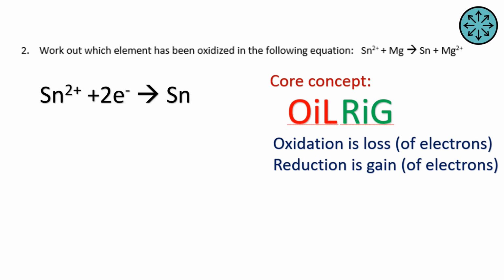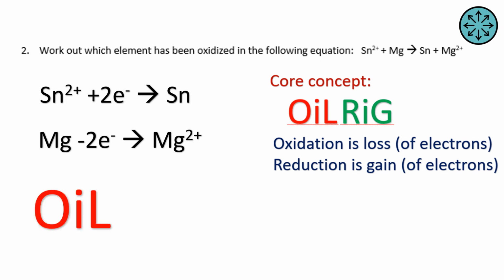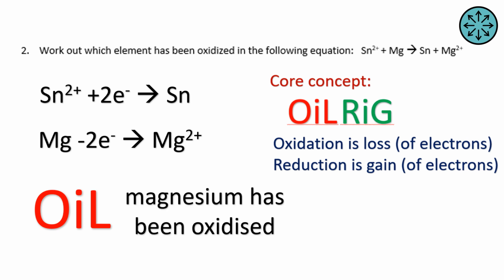So I've got to plus 2 electrons to get there. And then I've got magnesium atoms become magnesium ions, and so I'm minusing 2 electrons there. The question's asking me which element has been oxidized, so that's the OIL part, so oxidation is loss, and so that's the magnesium that's been oxidized.